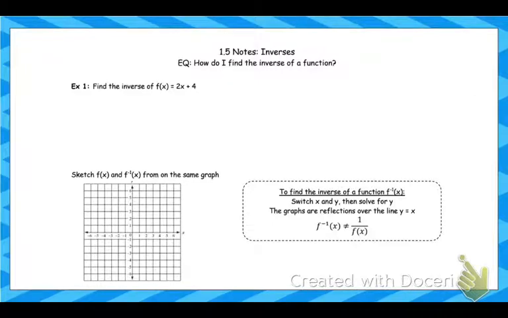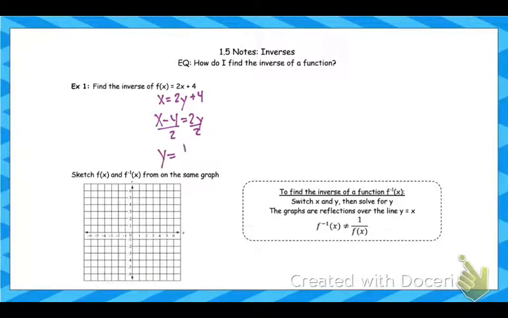An inverse is going to be the opposite operation. So this gives us an equation: f of x is equal to 2x plus 4. The inverse is basically what happens when we switch x and y. So I'm going to flip my x and y, and then solve for y, so I'm going to divide by 2.